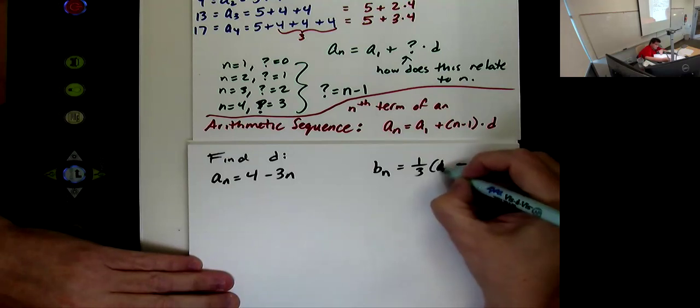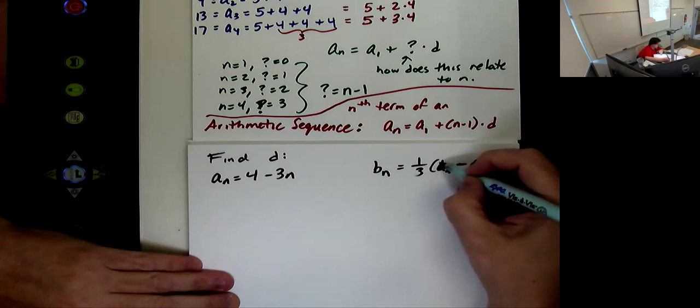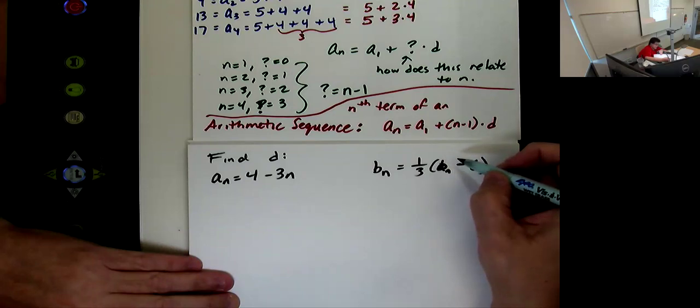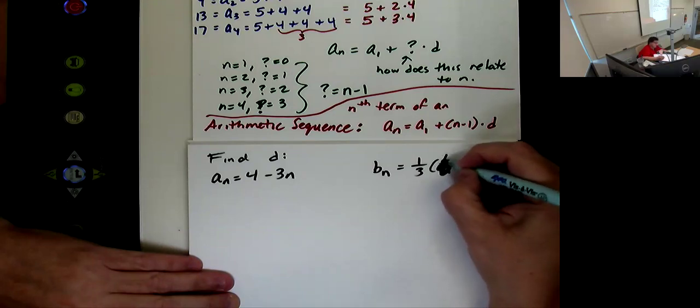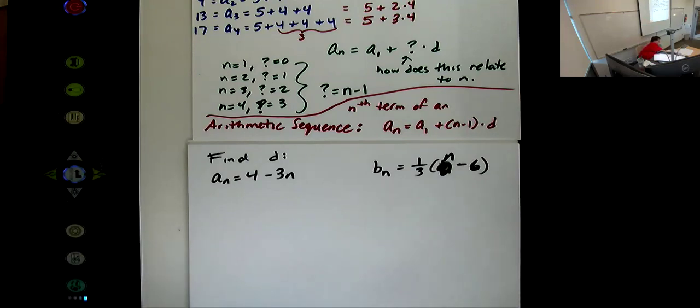Or b sub n, sorry. N. There's some wonky stuff in my notes. Yeah, if you want, write out the first couple terms until you notice what's going on.